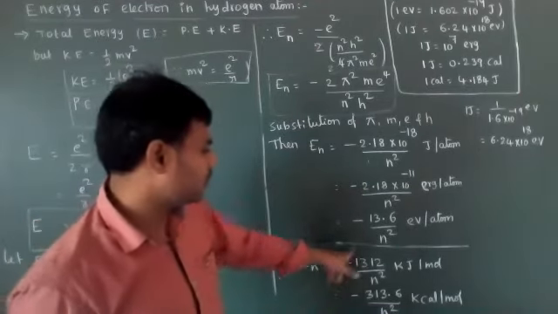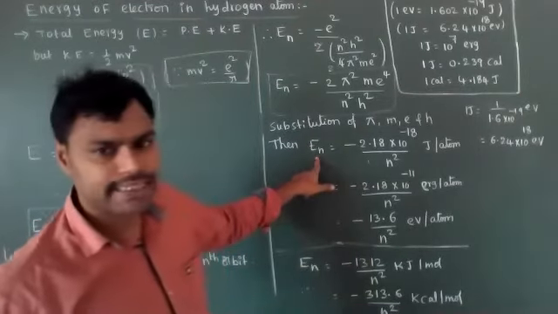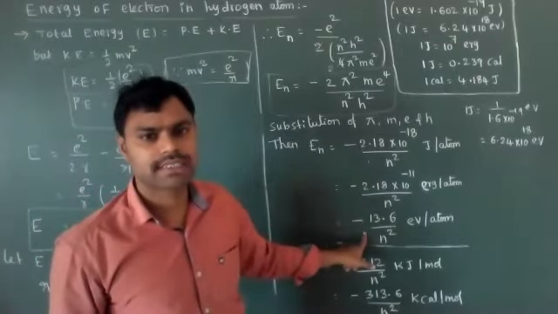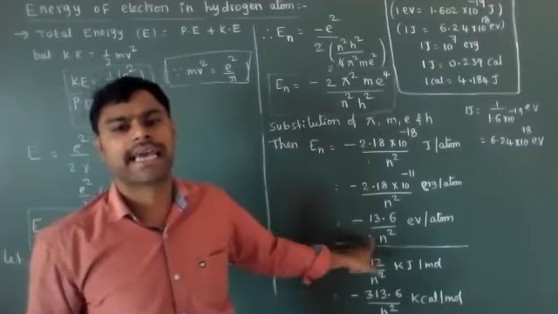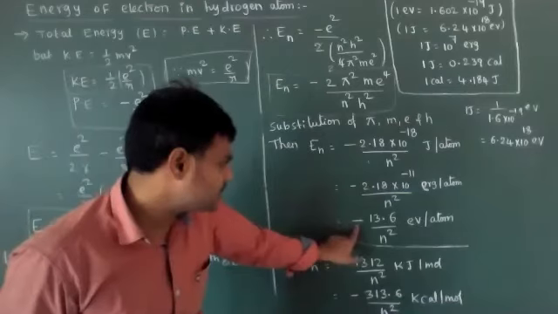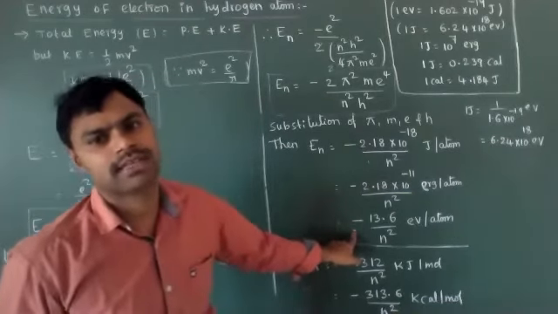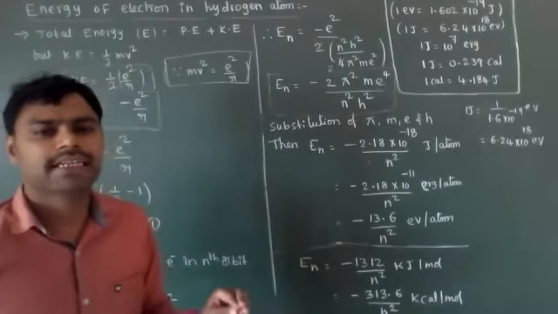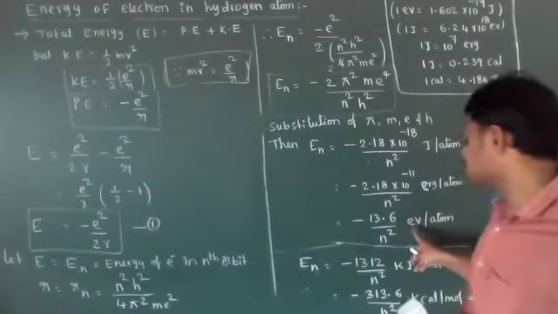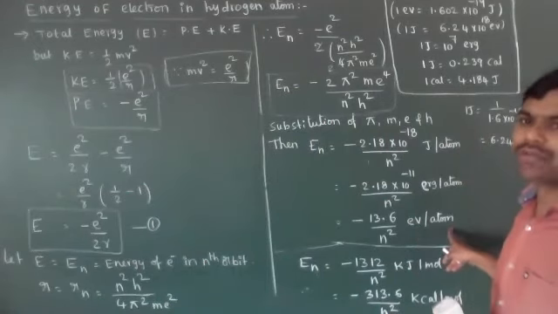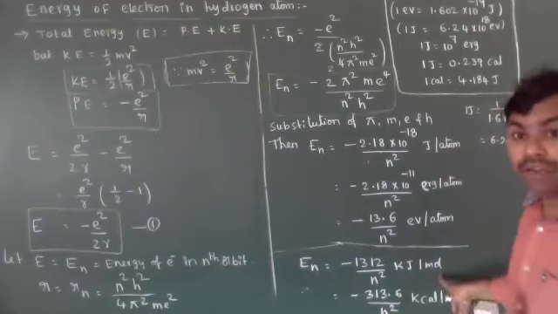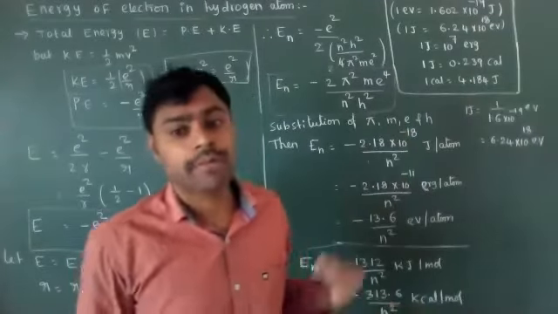Then the energy of the electron present in the nth orbit in electron volts is minus 13.6 by n square eV per atom. Mostly this electron volt formula is very important, and very easy. Now these are all per atom only. Per mole means, 1 mole contains how many atoms?